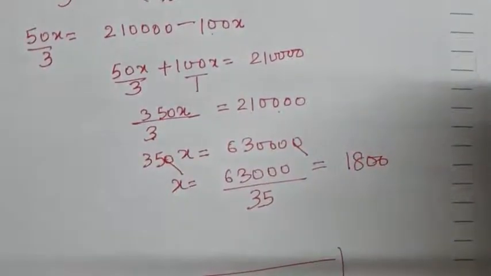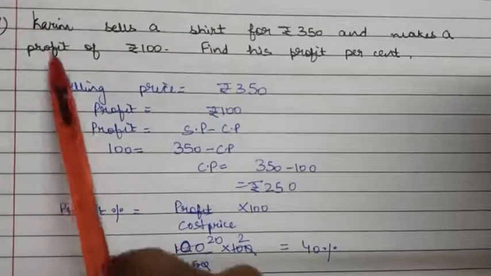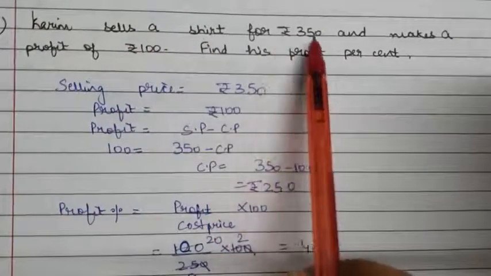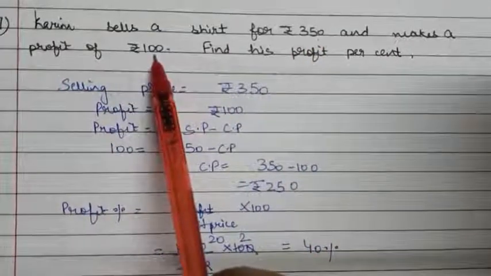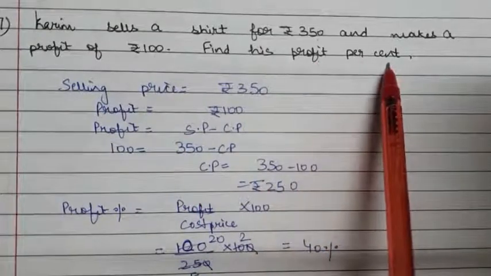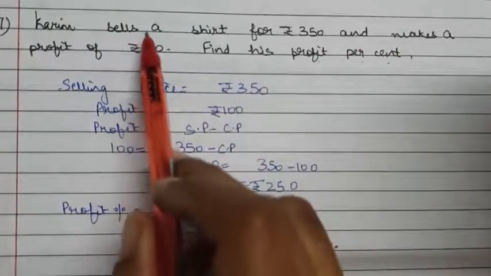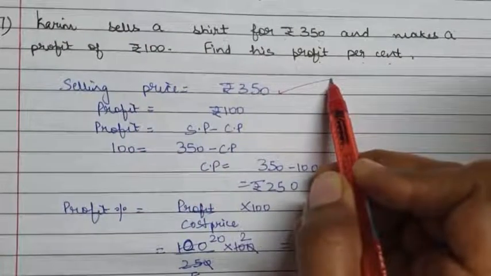Clear, children? The last question is: Kareem sells a shirt for rupees 350 and makes a profit of 100 rupees. We have to find the profit percent. Now sells a shirt means selling price is given to you.